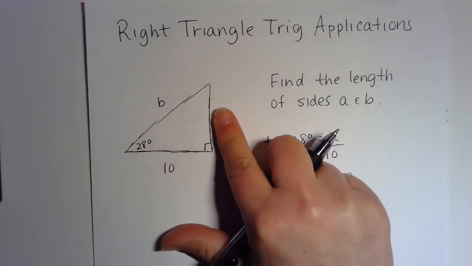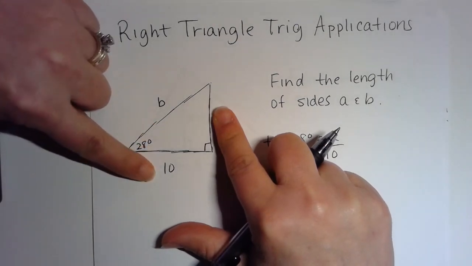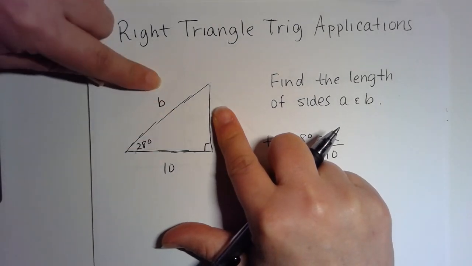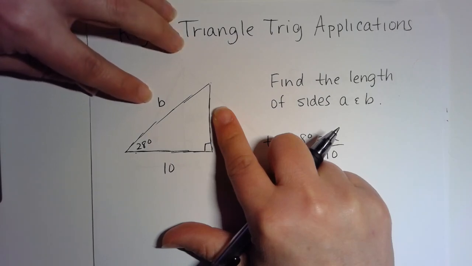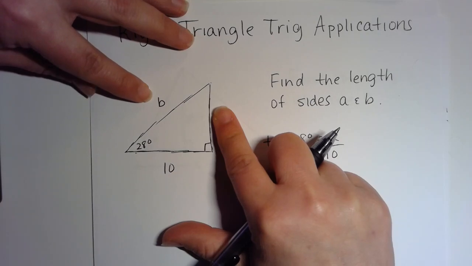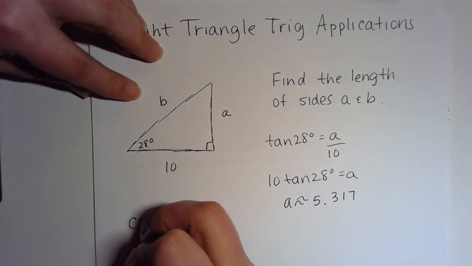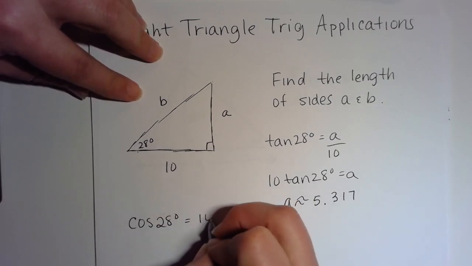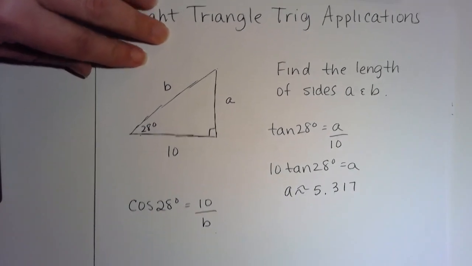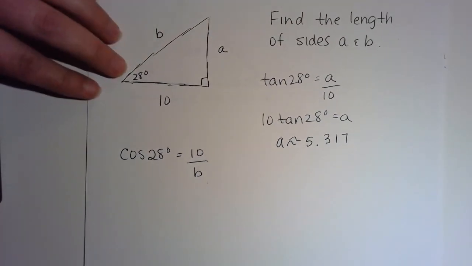Okay, so B, I have 28 degrees. I know that 10 is its adjacent side, and I know that B is its hypotenuse. And so the trig function that relates those three items is cosine. So we are going to say the cosine of 28 degrees is equal to 10 over B. All right, so now I need to solve for B, and I'll put it in my calculator.